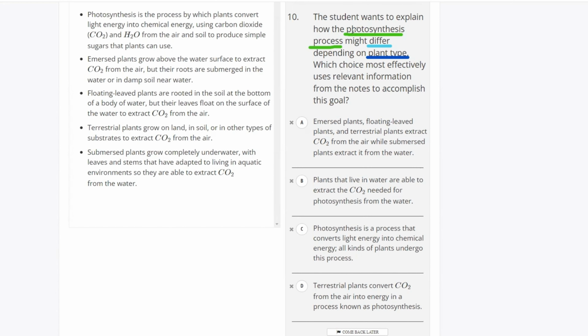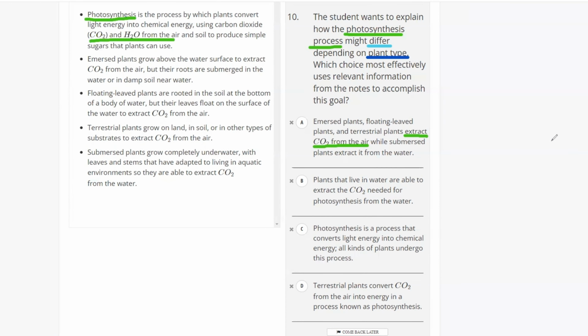Do we see evidence of the photosynthesis process? Yes, we do, right here. Extracting CO2 from the air. We know from the text that extracting CO2 from the air is the photosynthesis process. This is the first bullet point right here. So that's the photosynthesis process.